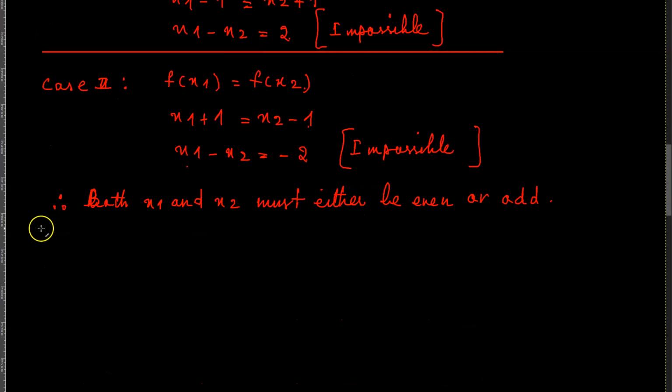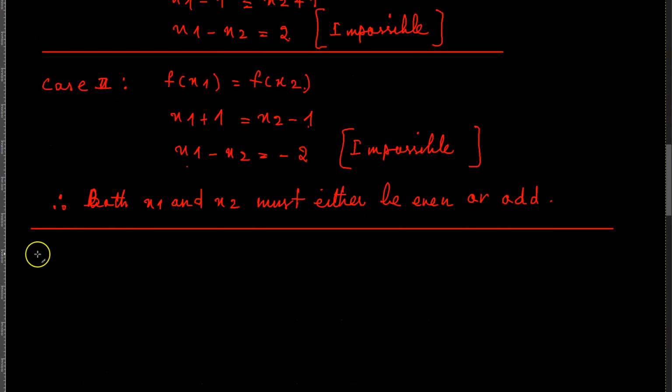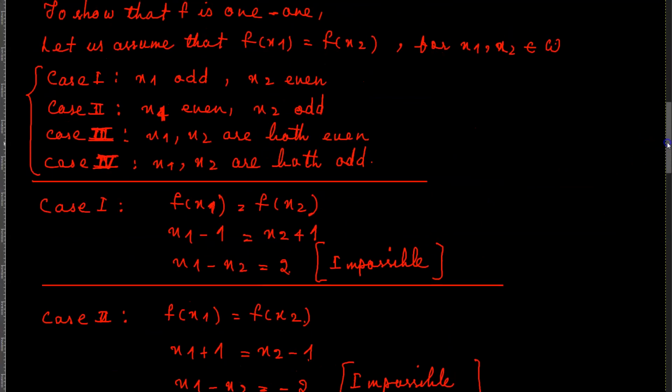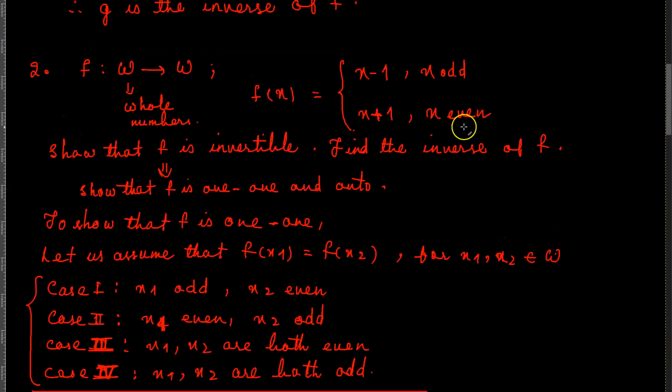If I try case number 3, I'm assuming that f of x1 is equal to f of x2. In this case, both are even, so we have x plus 1.